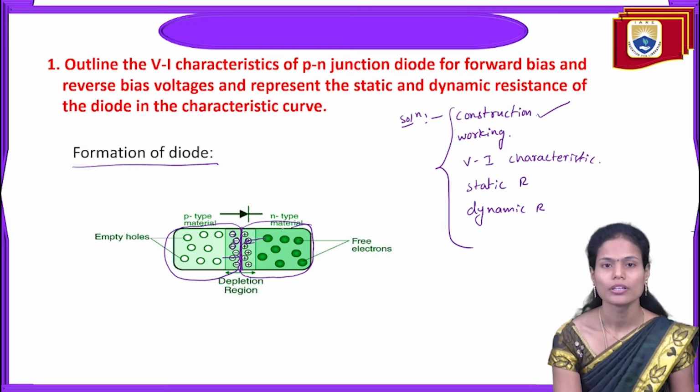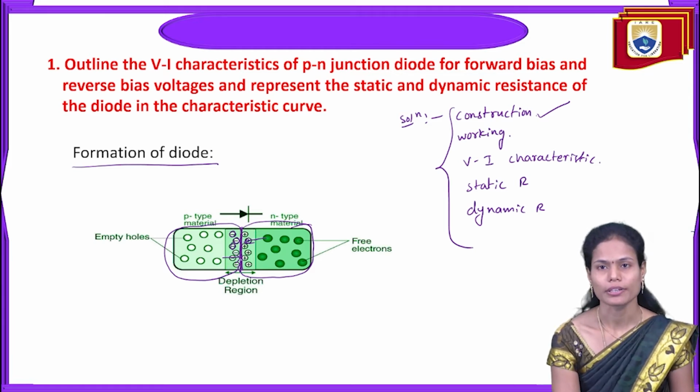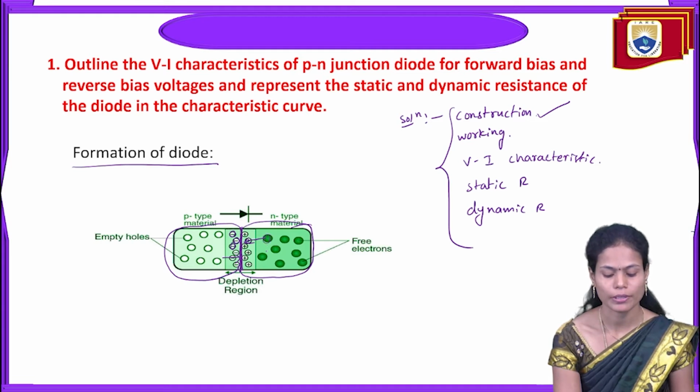So the movement of electrons from the N region to the P region creates negative immobile ions in the P region across the junction. Similarly, the holes moving from the P region to the N region combine with electrons, lose their positive charge, and become positive immobile ions here.